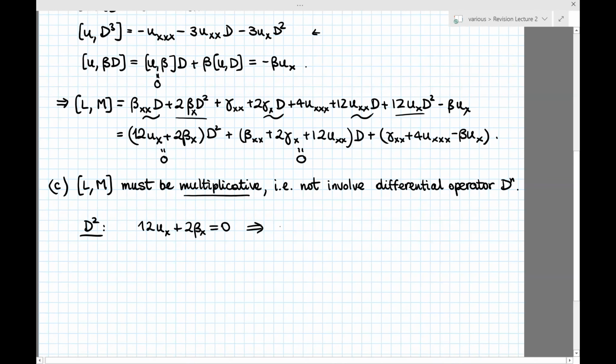And so by integration, we see that beta is equal to minus 6u plus an integration constant f, which is constant with respect to x, the variable that is differentiated, but therefore could be a function of t. So that's an integration constant, but only constant with respect to x. So it's an arbitrary function of t.